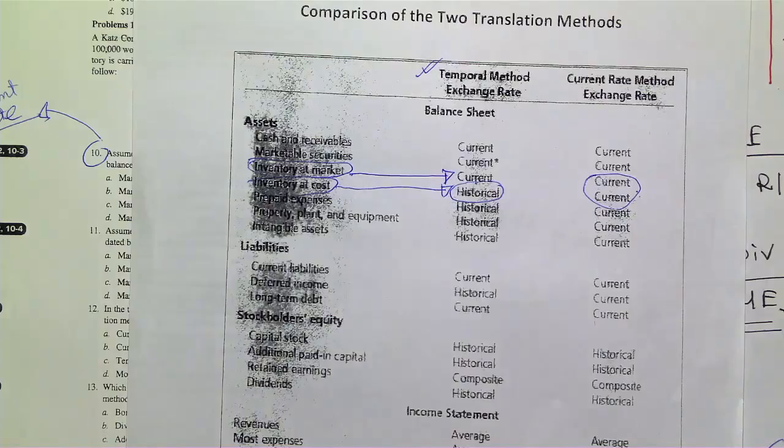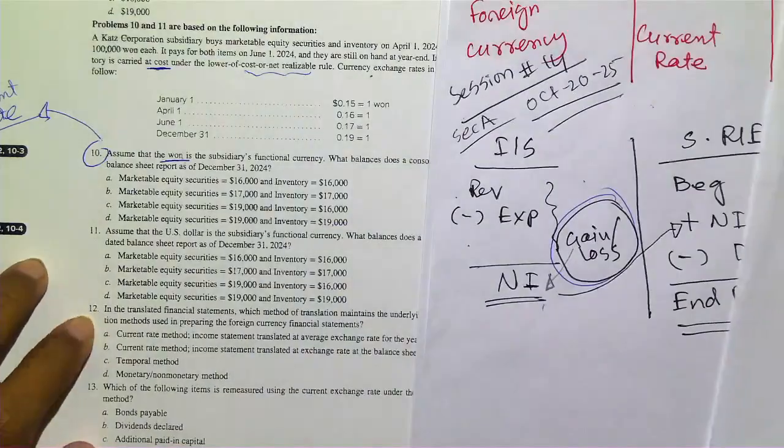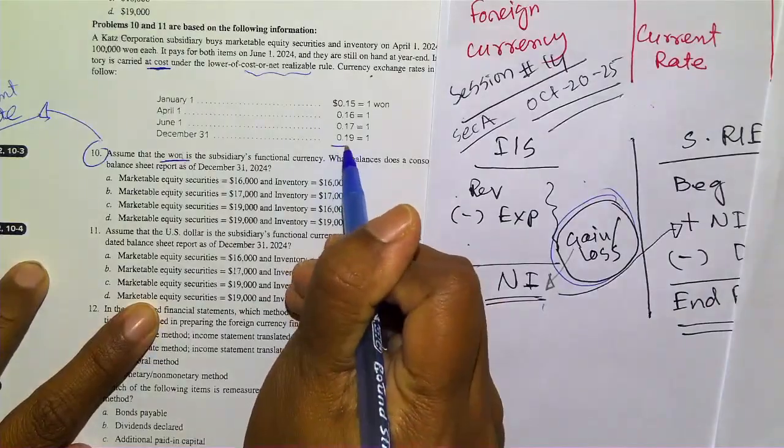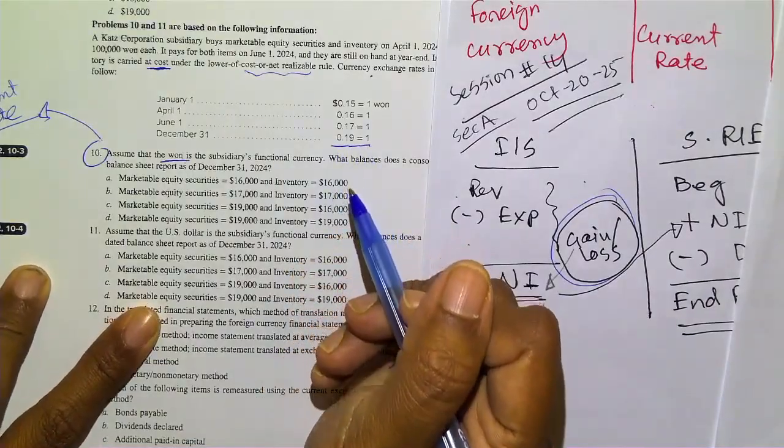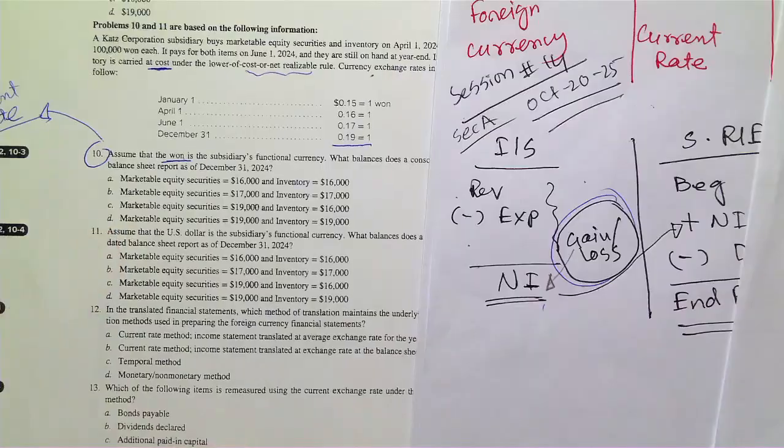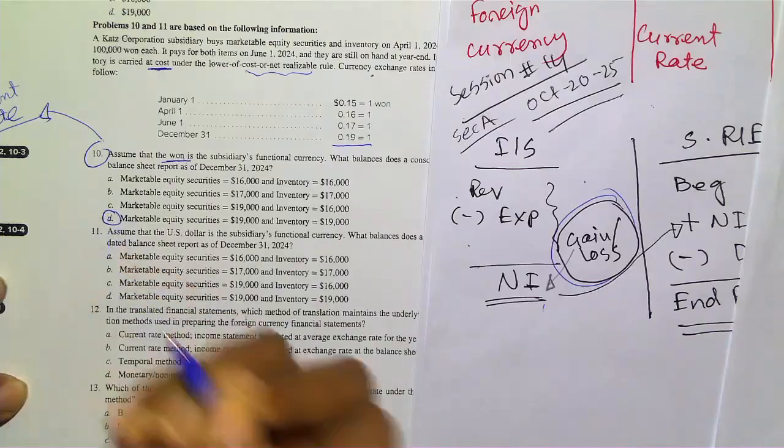We assume we do consolidation, conversion, and financial statements on December 31st closing day. You look at the December 31st rate: one won means 19 cents. So what is your answer? A, B, C, D. Both items you multiply by 19 cents. D, right? Very good. Most of you got it.